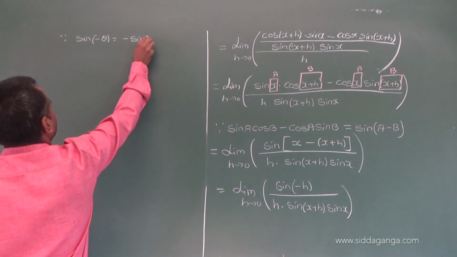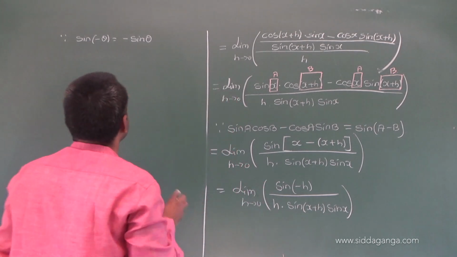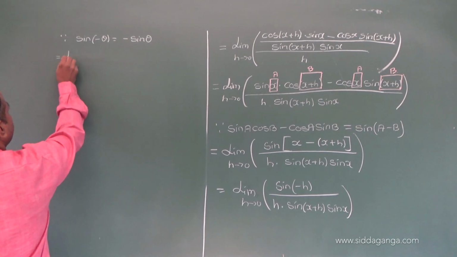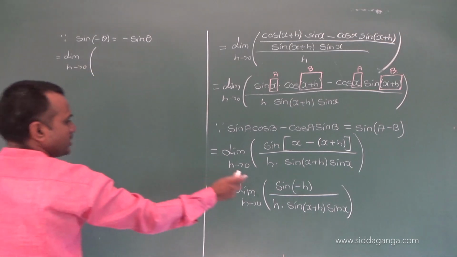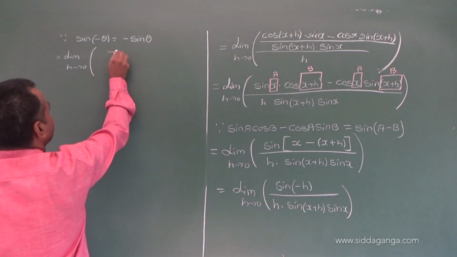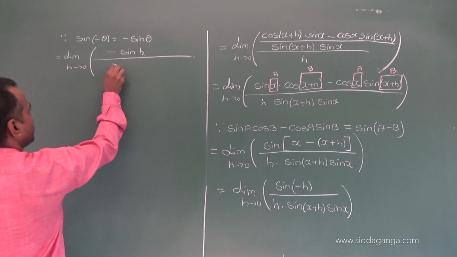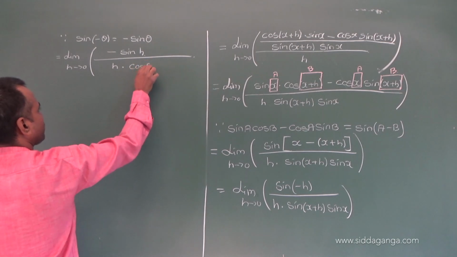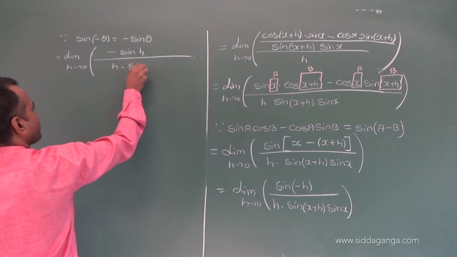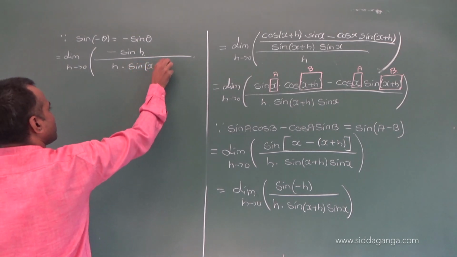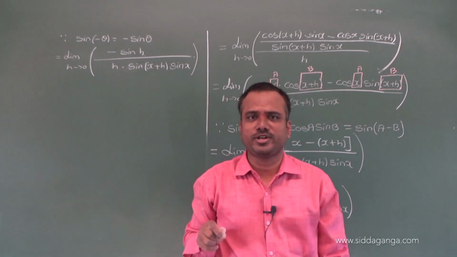Minus sin theta, correct? So that implies limit h tends to 0, minus sin h divided by h into sin(x plus h) into sin x.